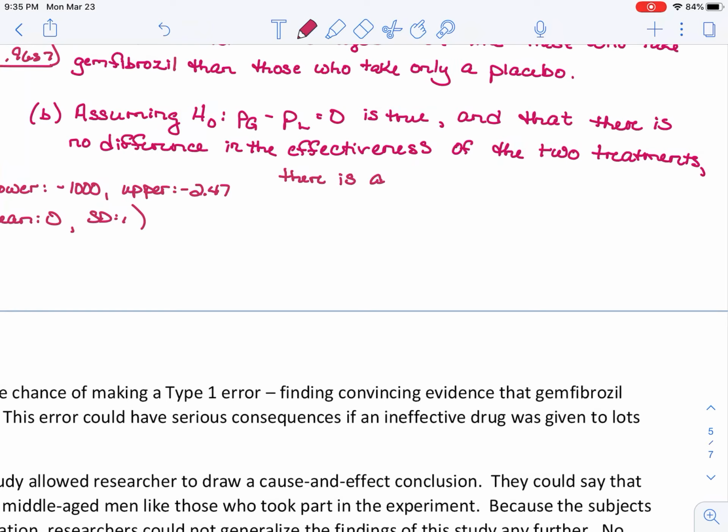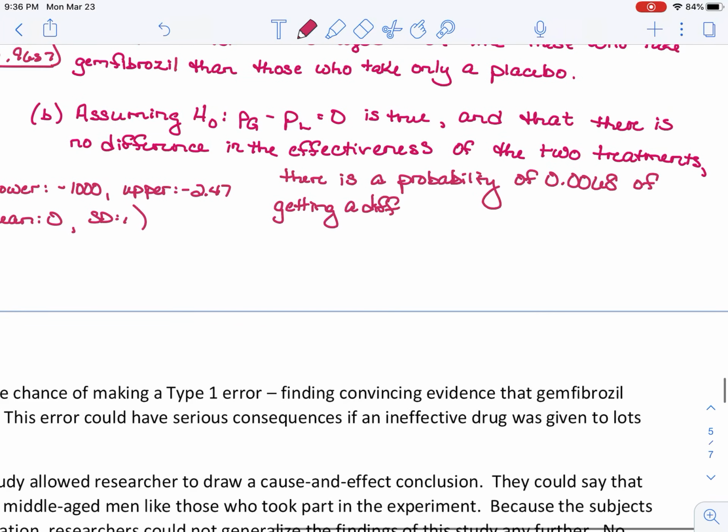I didn't mean to write p-value. There's a probability of getting a difference, and specifically a difference in the order of gemfibrozil minus placebo, of getting a difference that was this extreme.